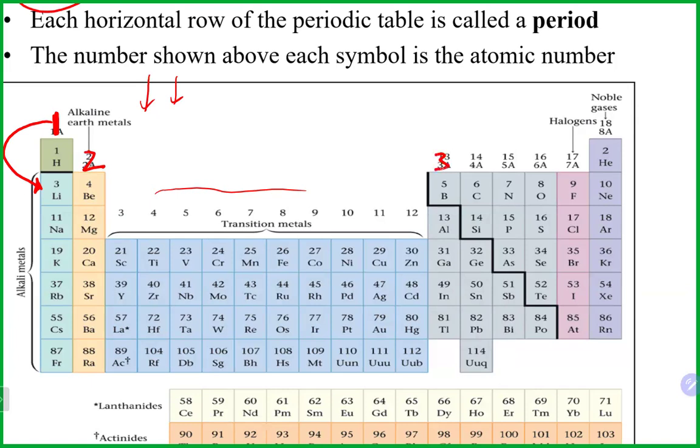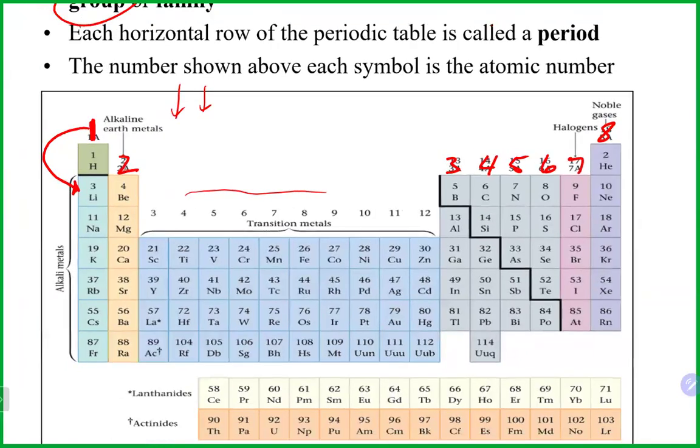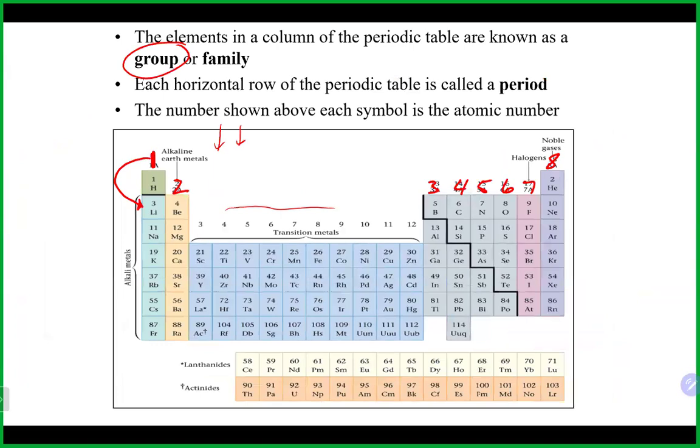We skip the middle part, then group 3, group 4, group 5, group 6, group 7, and group 8. Again, we skip the middle section in terms of numbering. Most people will just call it group 1, group 2, group 3, and so on. Most will not say 1A, 2A, 3A, although it is assumed that that is what you're talking about.